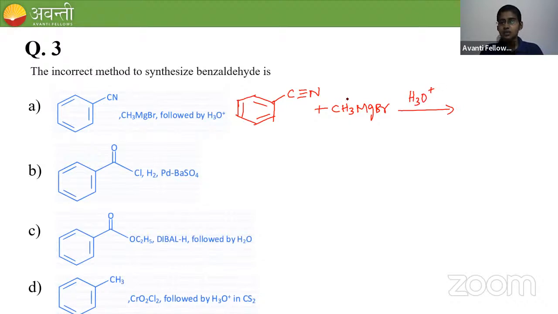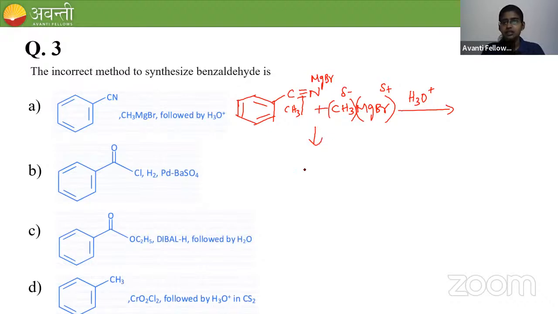So what happens here? First on treatment with CH3MgBr, the partially negative part, which is CH3, goes to the electrophilic carbon, and MgBr, the positive part, goes to the nitrogen.